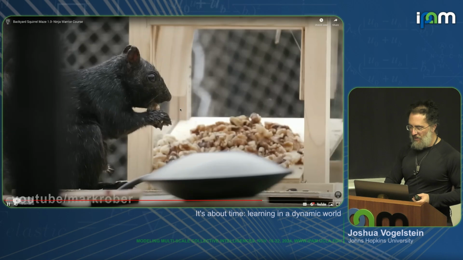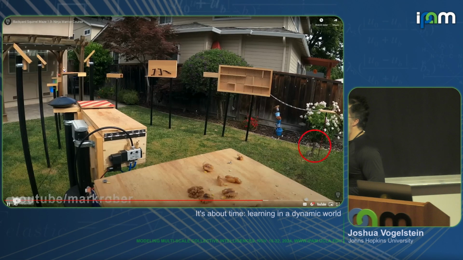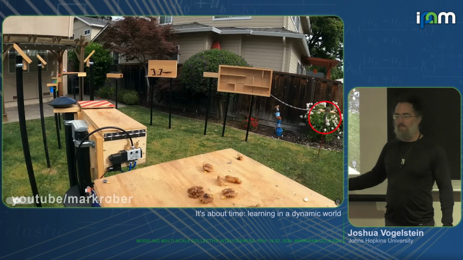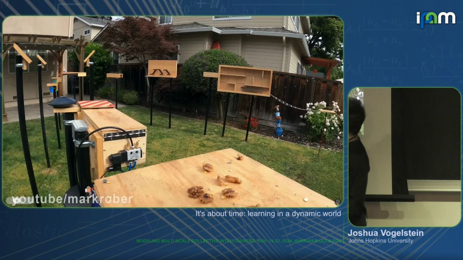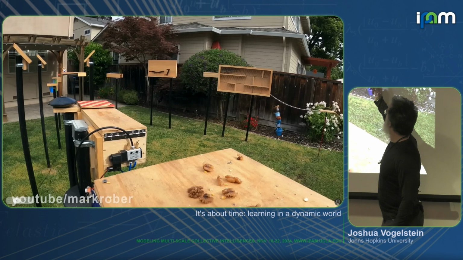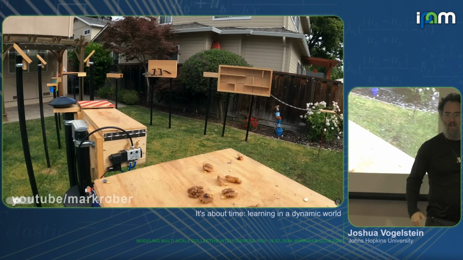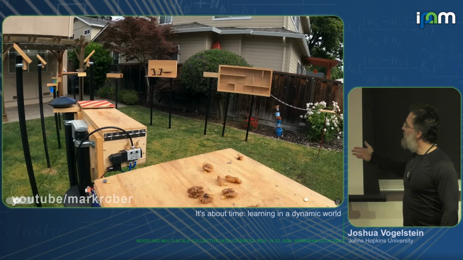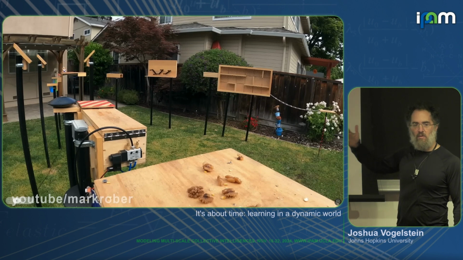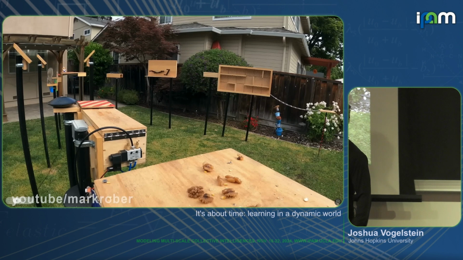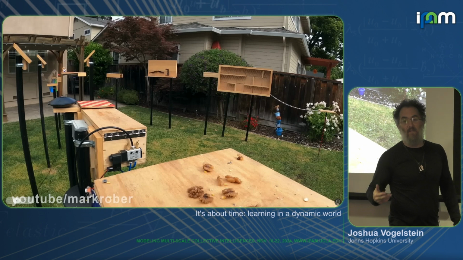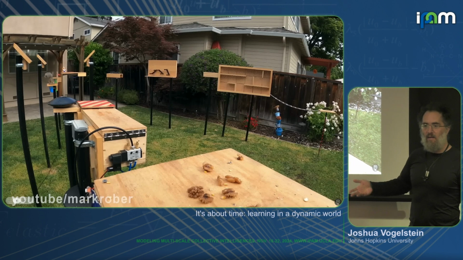I don't know if anyone has seen this video, but this is a video of squirrels learning. This guy set up a little Ninja Warrior course for squirrels that starts here and has to get all the way over to these nuts where there's food. You can watch the video, it's like 20 minutes, it's pretty entertaining. What you see is that at each little station, squirrels fail a bunch of times, and then eventually one of them gets it.